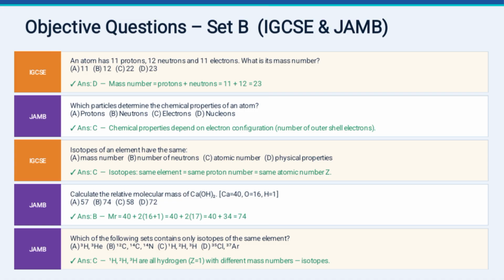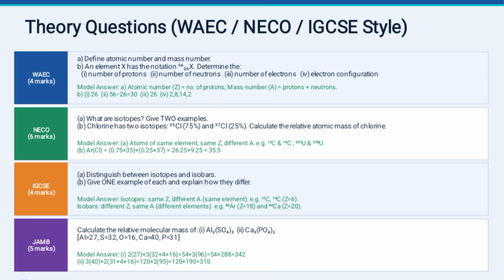Why? Because the bracket affects both oxygen and hydrogen. So CaO2H2: Ca is 1 atom, that's 1 times 40, plus O2, that's 2 times 16, plus 2 times 1. Everything will give you 74. So this is how to calculate such questions.